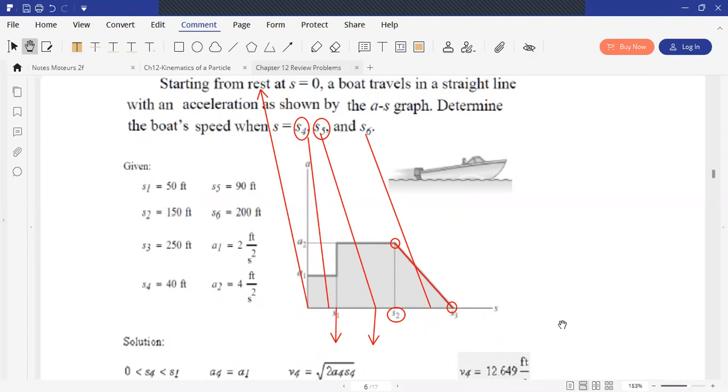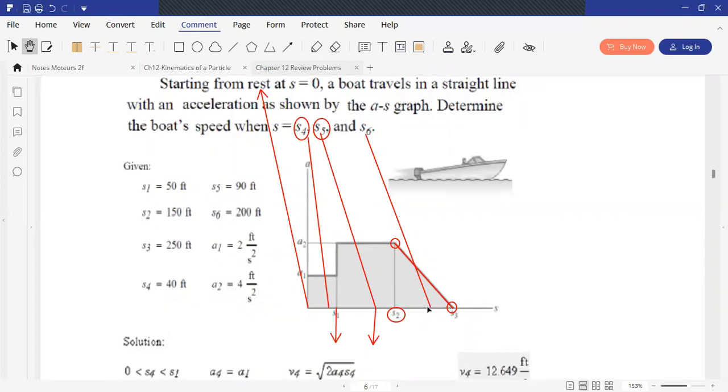Since you have a as a function of s, you can perform the integration. Because you have a linear equation, when you integrate you will get a second degree equation as a function of s. Then you replace by s6 and s2, so you can find the velocity at point 6.